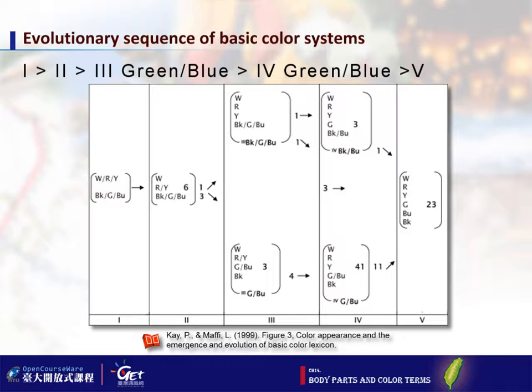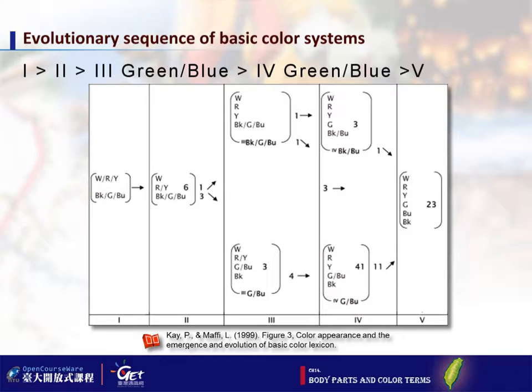So it started with one type and two terms, and then it would develop into three terms. And from that, you evolve into the third stage. You have two types, and within each type, you have different terms.